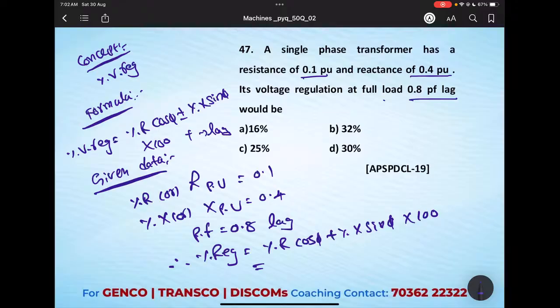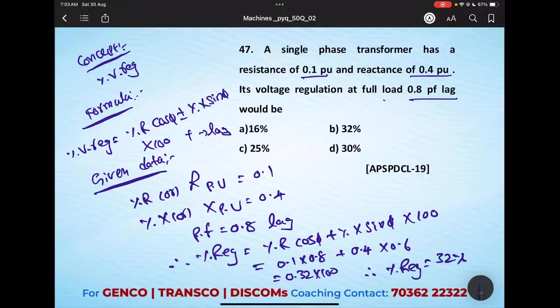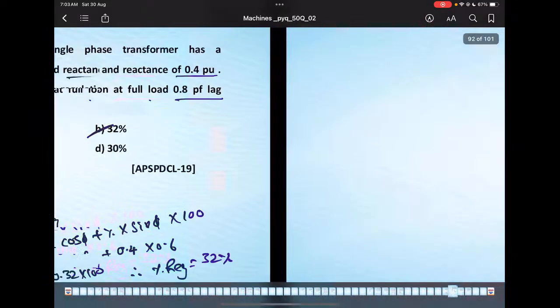Percentage R is 0.1, cos phi is 0.8, plus percentage X is 0.4, sin phi will be 0.6. How much will it come? 0.32 into 100, so percentage regulation is equal to 32%. Our option will be B. Is it clear? Let's move on to the next question.